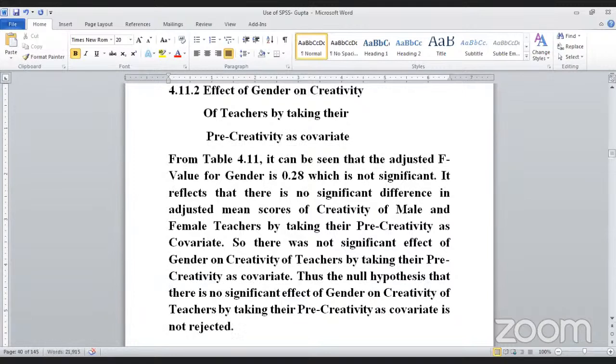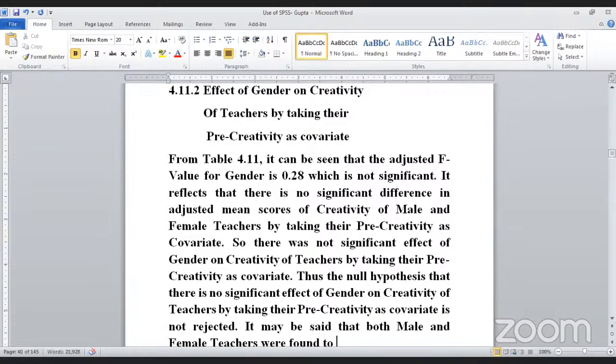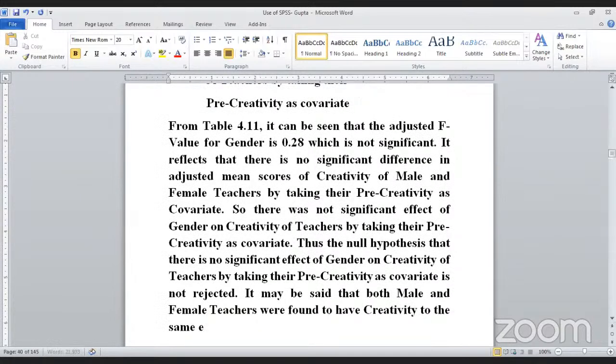It may be said that both male and female teachers were found to have creativity to the same extent when their pre-creativity was taken as covariate.